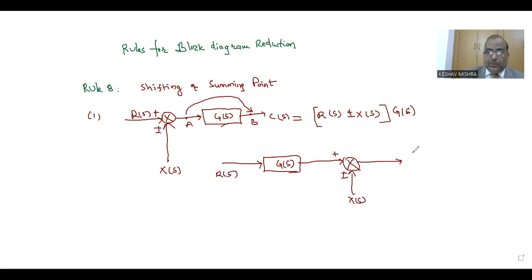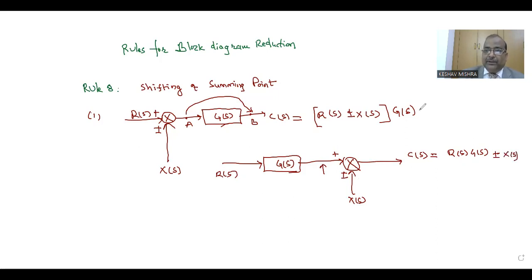So the output, if we evaluate at this point, R(s) is multiplied with G(s), so this will produce at this point R(s)G(s). So this is the first input for this summing point. The second input is plus minus X(s).